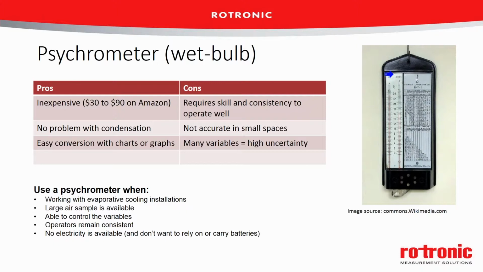It's fairly easy to convert the wet bulb, dry bulb into relative humidity using a chart, graph, or one of the calculators. The downside to psychrometers, especially the manual ones, is they do take a fair amount of skill to get a good repeatable measurement.